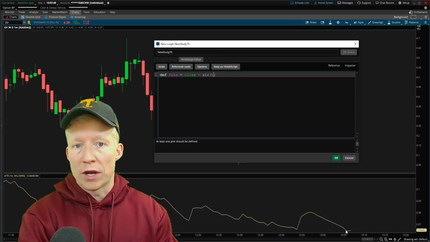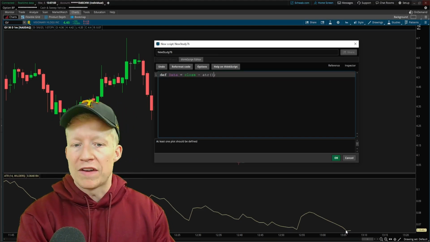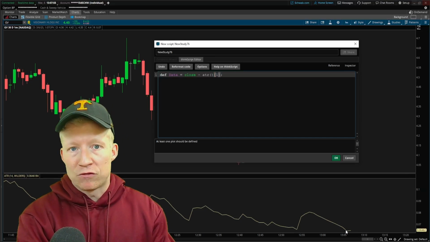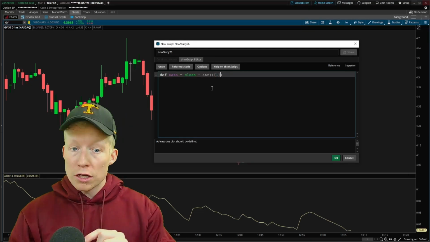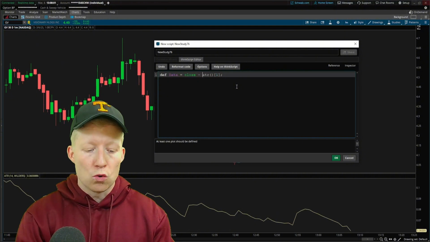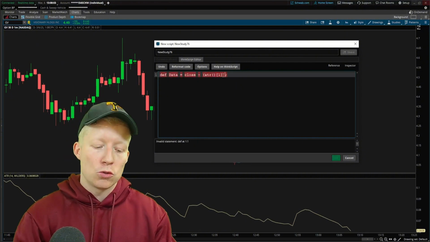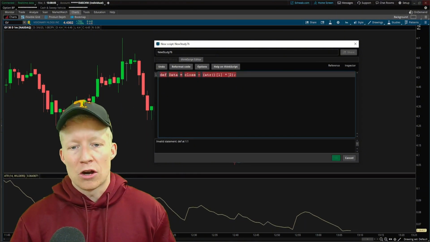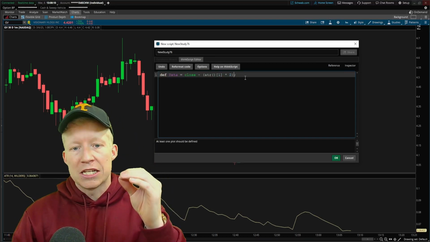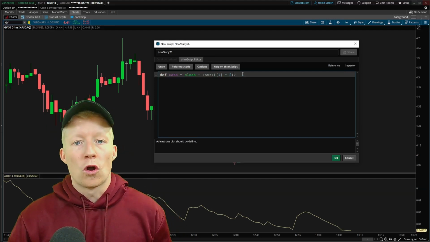To do that, we are going to displace the ATR value we pulled by 1 by putting a bracket 1 after our ATR. Now, also, in this instance, I don't just want to stop out at close minus ATR. I want to multiply that ATR value by 2. Let's give it 2 times its ATR to the downside for our stop loss.